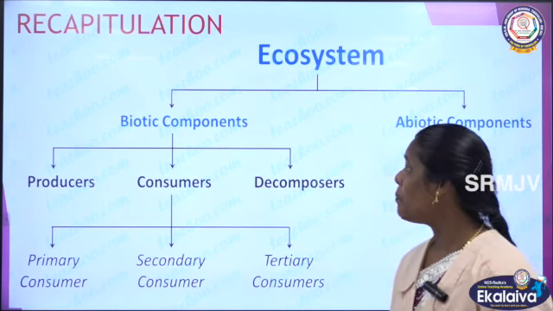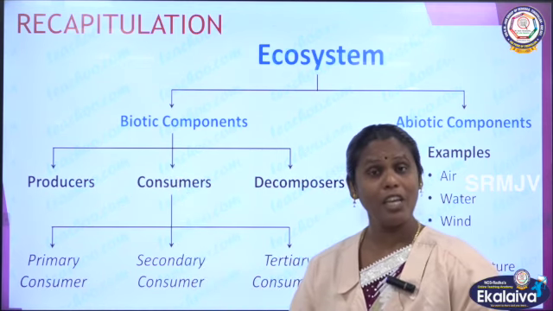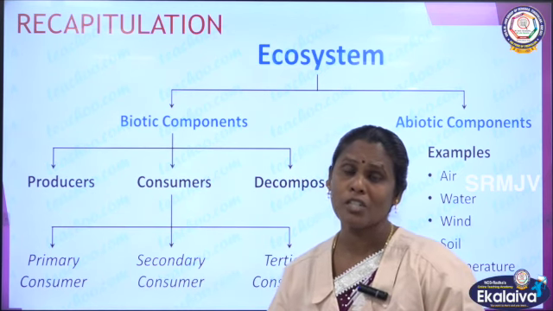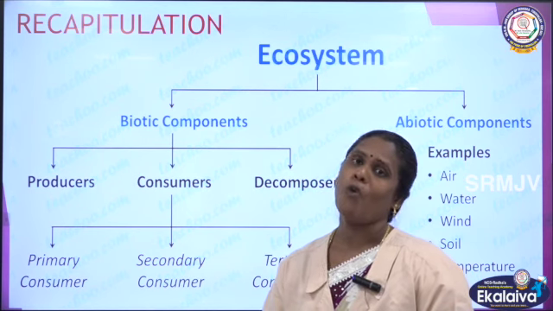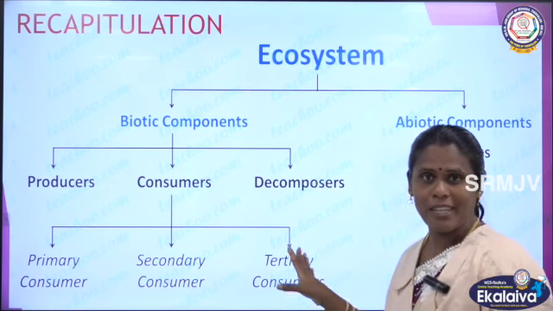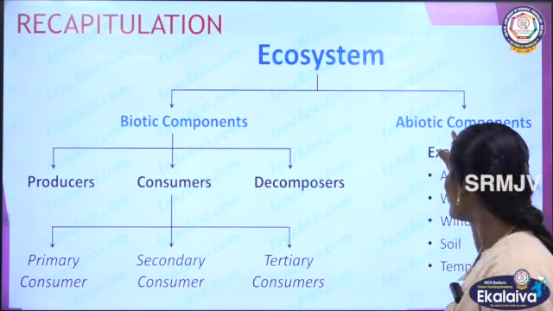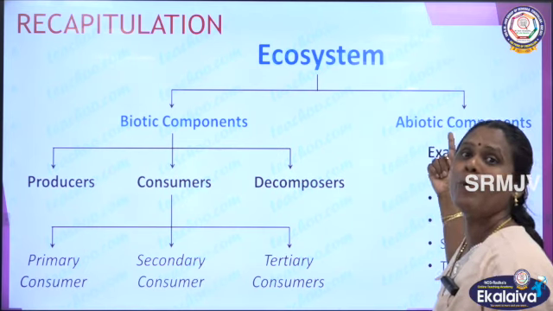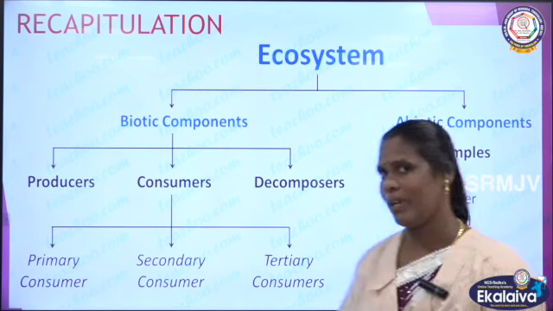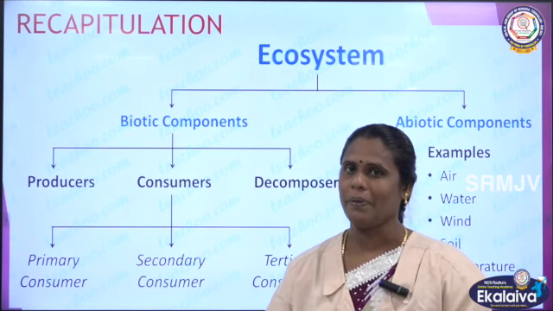In the third part we discussed the ecosystem, biotic and abiotic components, interactions between the biotic components of an ecosystem and flow of energy. This is the fourth part. In this part, interactions that take place between biotic and abiotic components: air, water, wind, soil and temperature. I hope you all understood the topic.